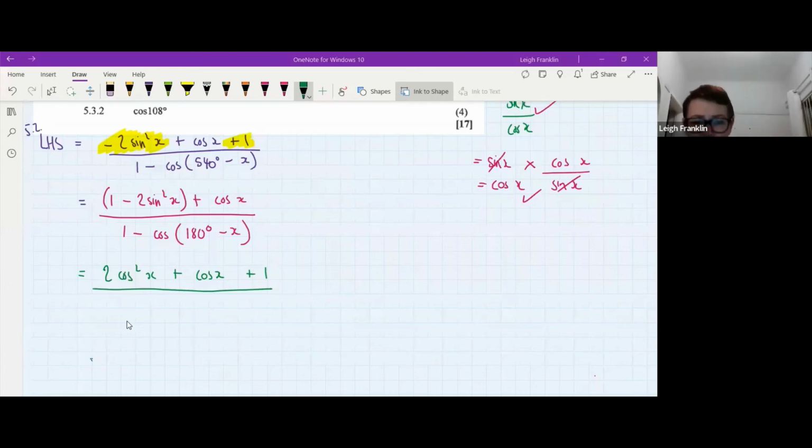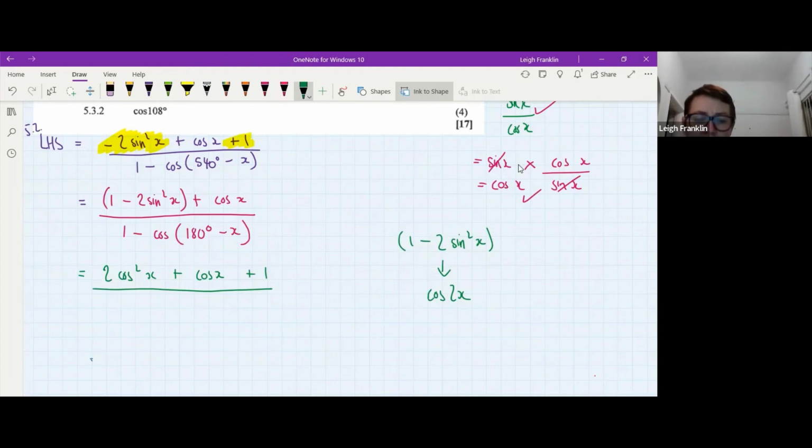What I've done is this. Oratile and Michelle, I know you had a couple of questions around this. Your 1 minus 2 sine squared x is cos 2x, isn't it?